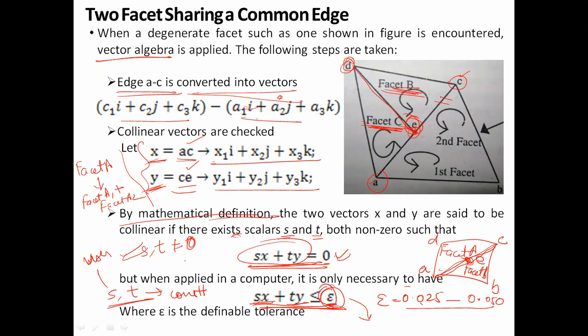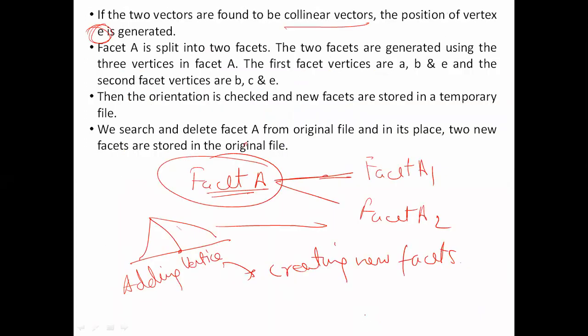Deciding 10 to 15,000 values would become very difficult for a user, and the time taken for elimination would be huge. So the values of S and T are defined by the user at the initial stage itself, and the value of epsilon, that is the tolerance, is also defined by the user at the initial stage, and based on that the problem of degeneracy is solved.